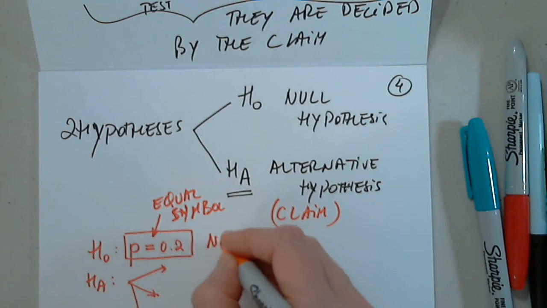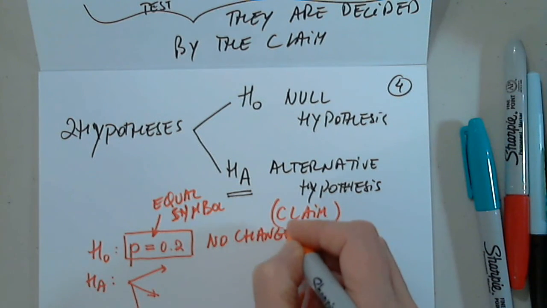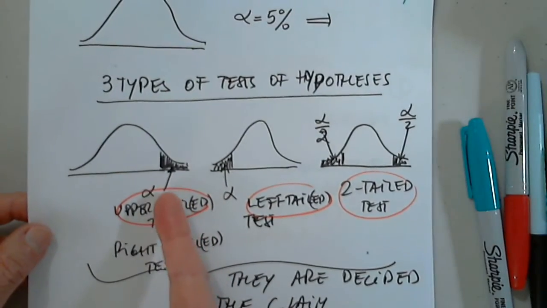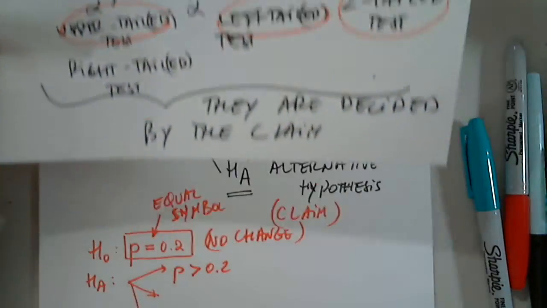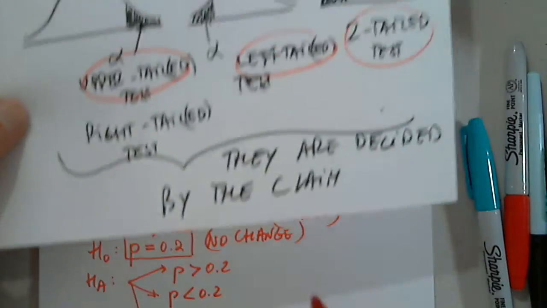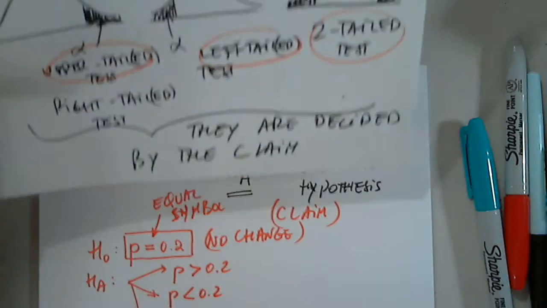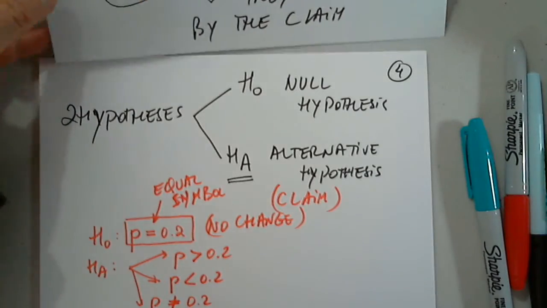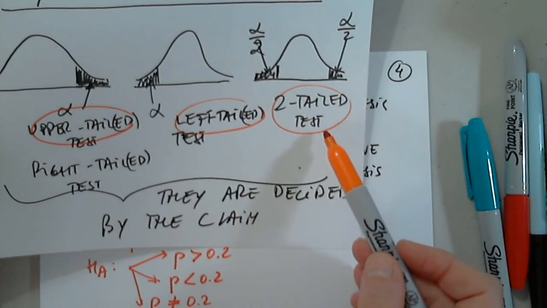In other words, no change. Always. But the alternative has the following possibilities. If I say has increased, we're looking at an upper tail test. The other possibility, it has decreased, then we're looking at a lower tail test. And finally, proportion does not equal 0.2, so we're looking at a two-tail test.